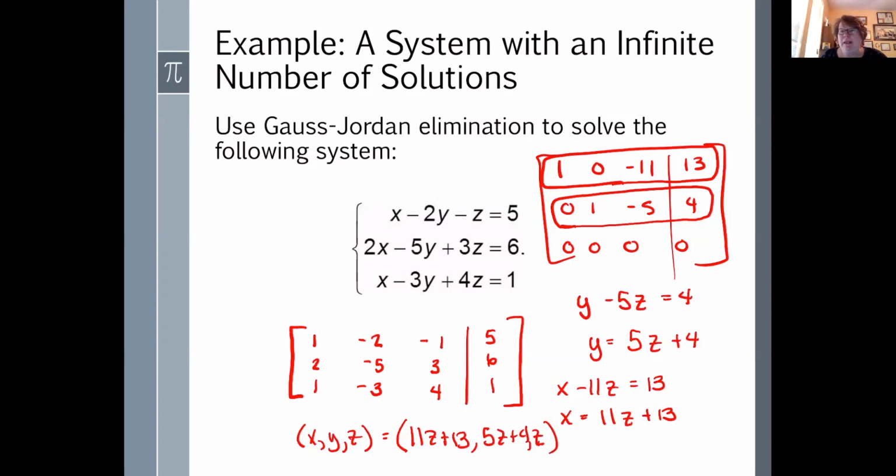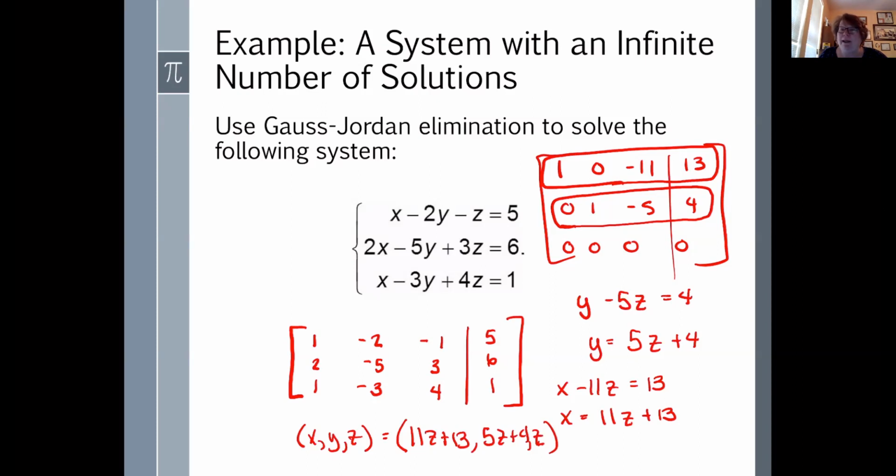So this system is dependent. X and y depend on what z is. So when you solve a system of equations using Gauss-Jordan elimination, and the third row is all zeros, the system is dependent. You write the equation from the second row in terms of y, in terms of z.